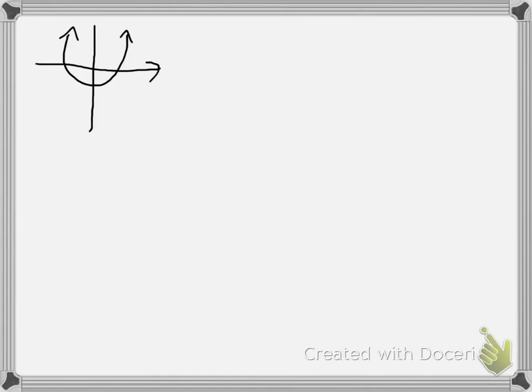As you go more and more to the right, what's happening here? Well, as x approaches infinity, f of x is also approaching infinity, because it's going up. Now, what about as x approaches negative infinity?